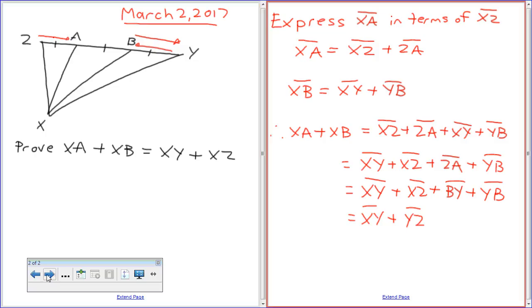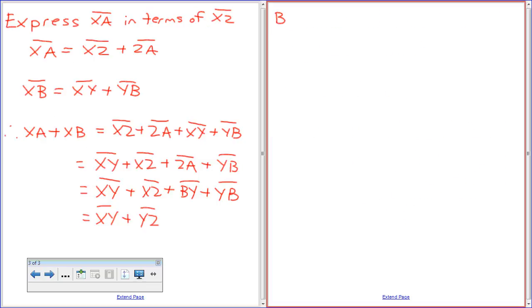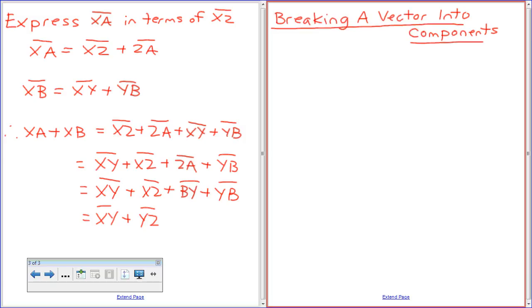Now I was told you guys did this lesson yesterday, but this is probably one of the most important things as far as vectors goes. Okay, so we're going to say any vector can be resolved into rectangular components.